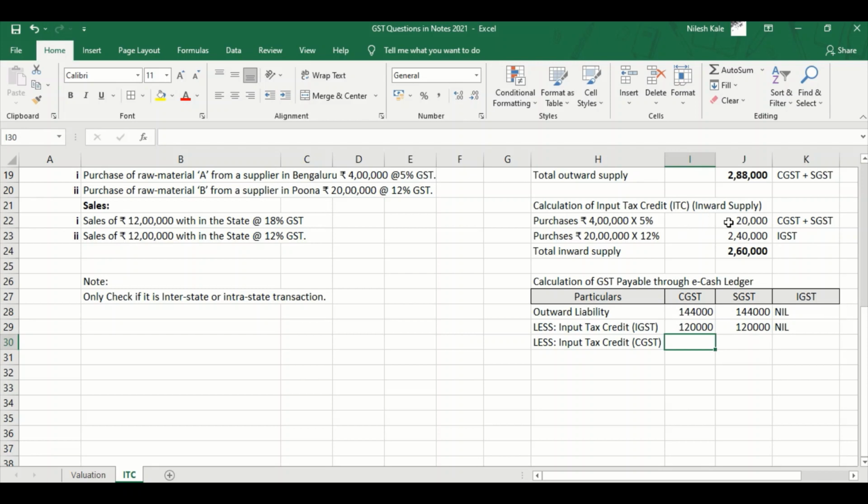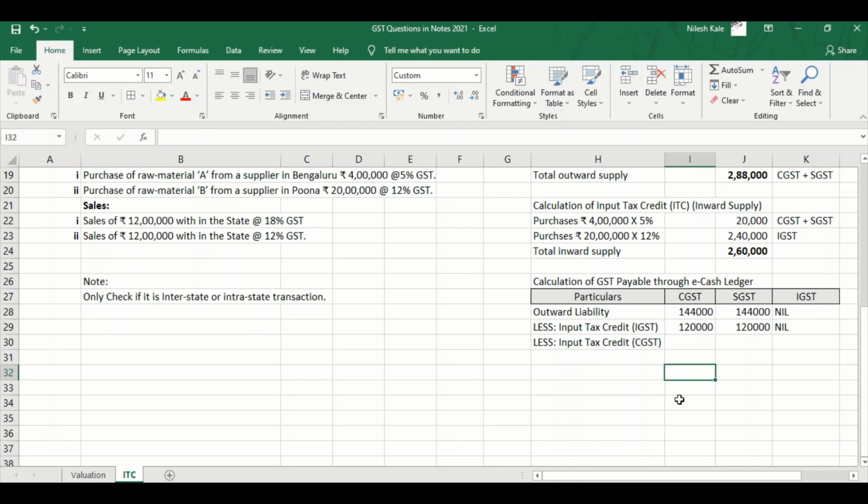It means 10,000 for CGST, 10,000 for SGST. So I will not write 10,000 directly here, that is wrong. I will check how much is still required. Out of 1,44,000, 1,20,000 is already given. That is the IGST credit I have given.